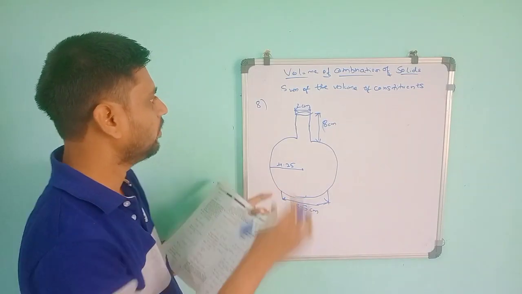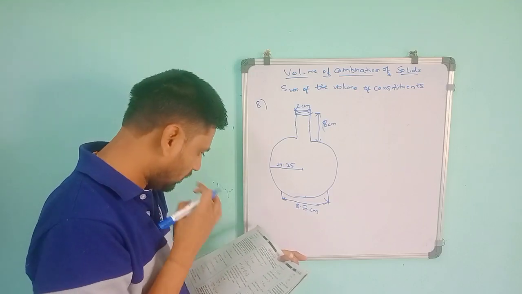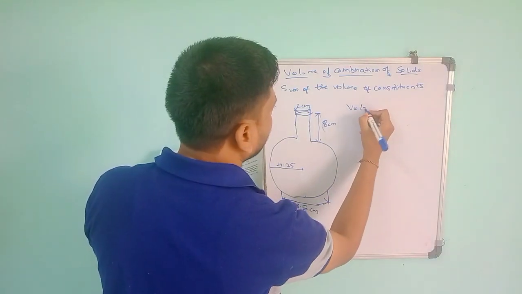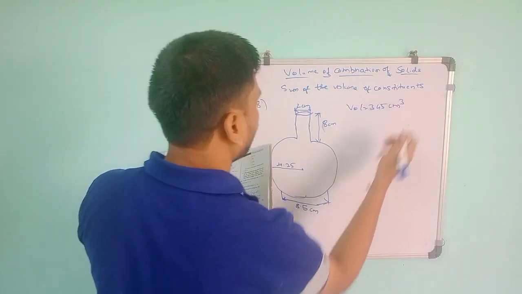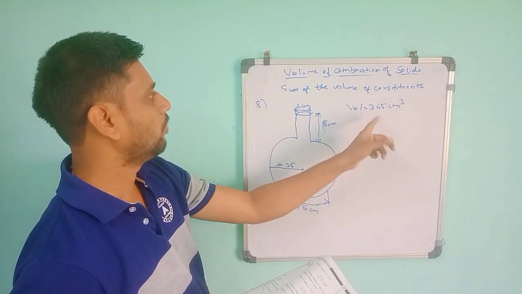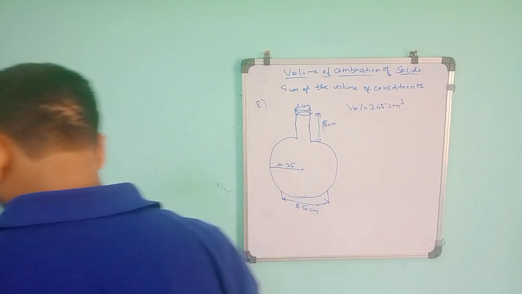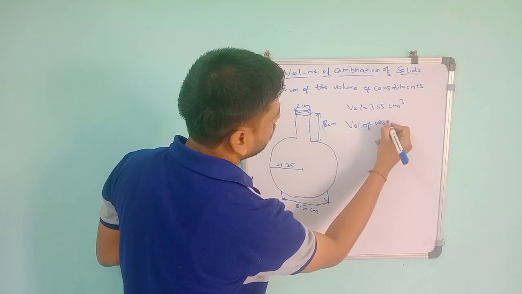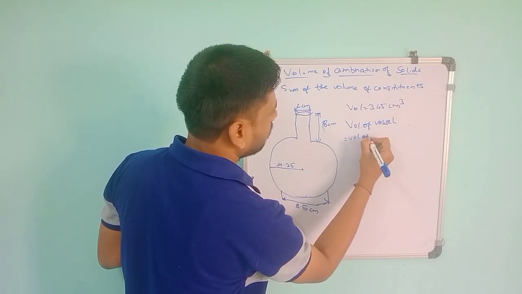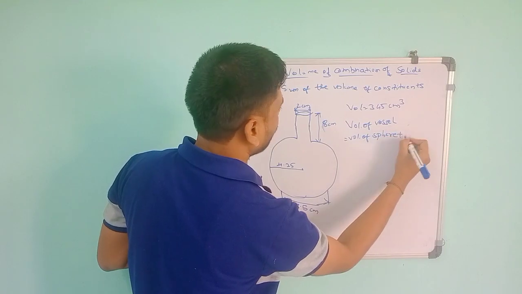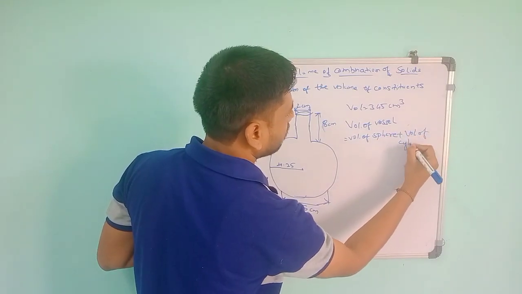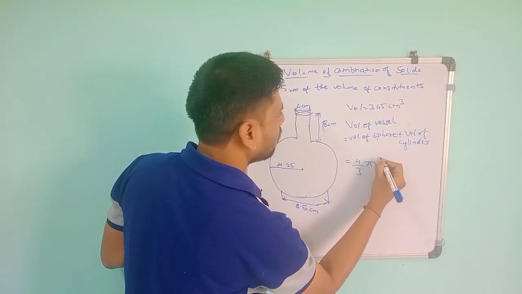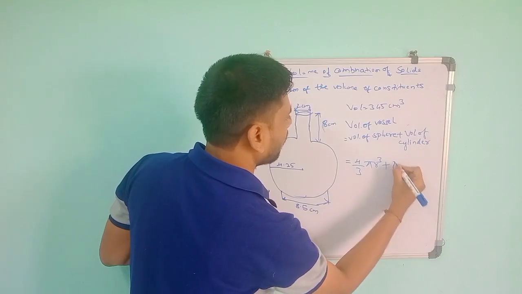This is the spherical glass vessel with the cylindrical neck. Then she is measuring the volume as 345 centimeter cube. So you have to check whether the volume will come to 345 or not. For that, the volume of the vessel is equal to the volume of the sphere plus the volume of the cylinder. The volume of the sphere is given by 4 by 3 pi r cube, plus the volume of the cylinder is given by pi r square h.